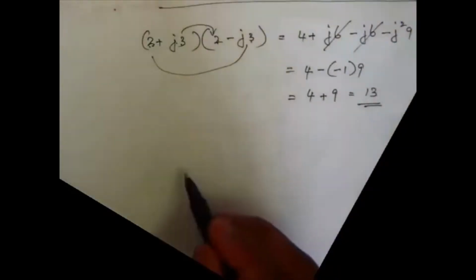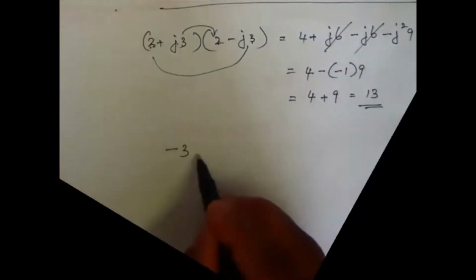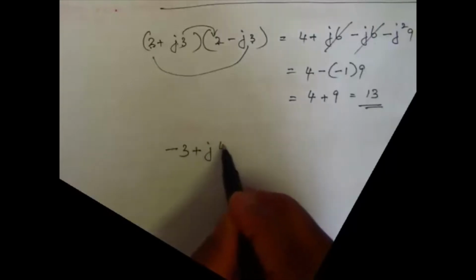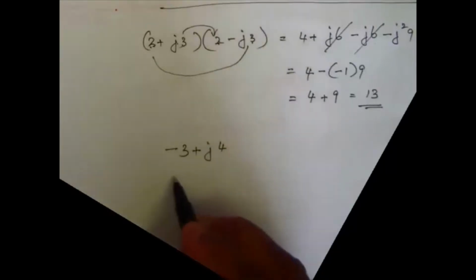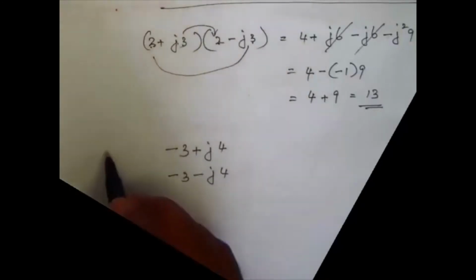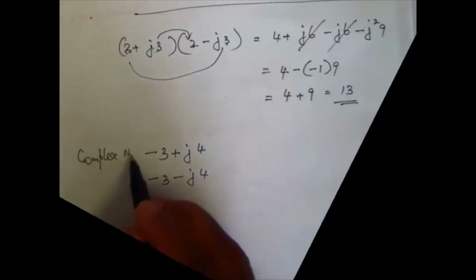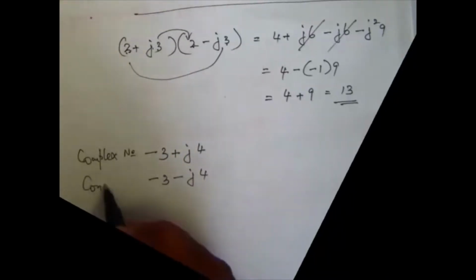So we can take the second example above. The number is -3 plus j4, and the conjugate is -3 minus j4. So that's the complex number, and that's the conjugate.